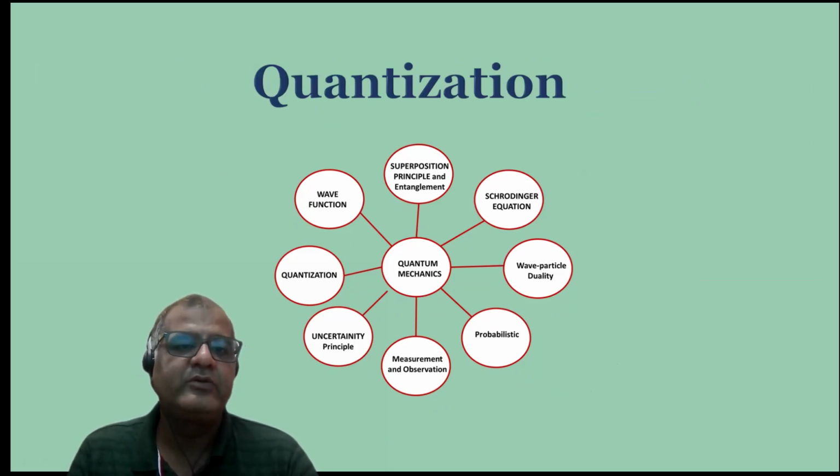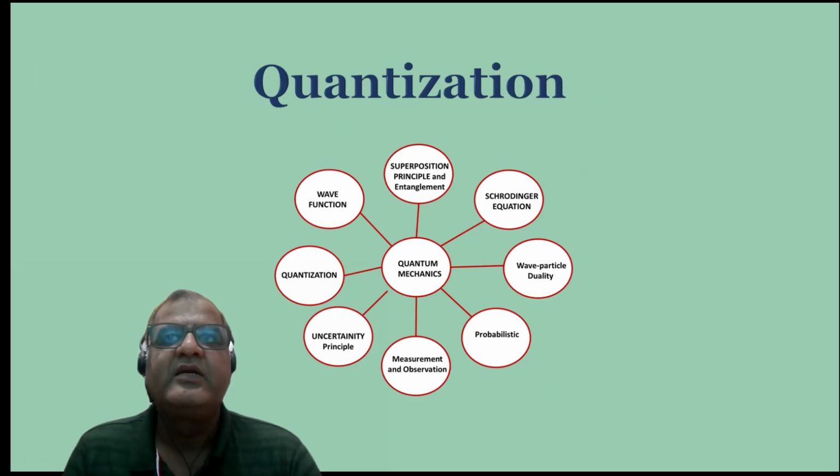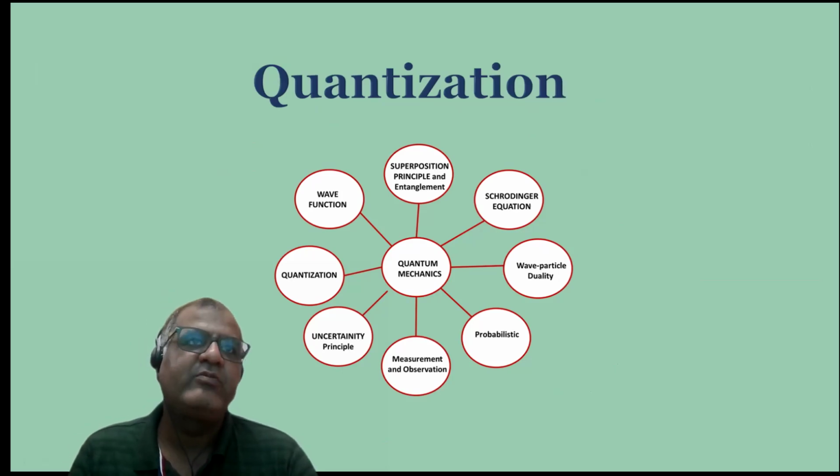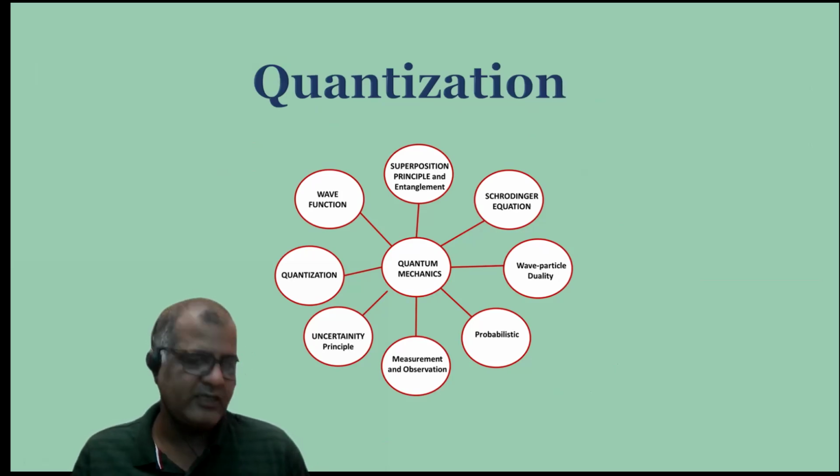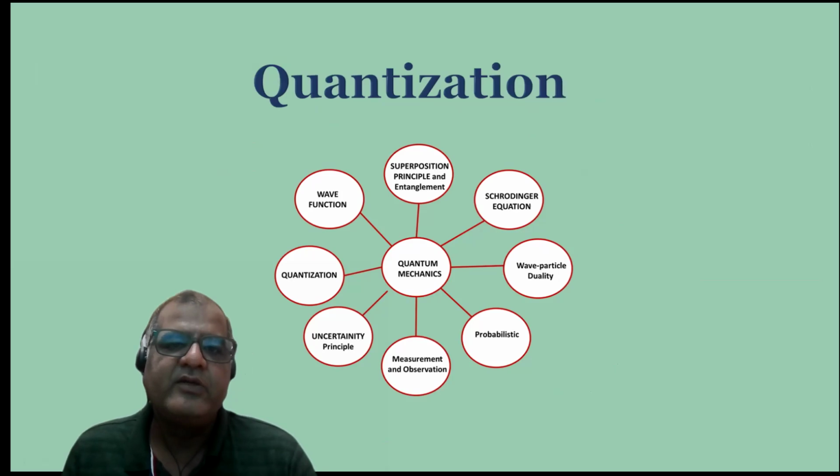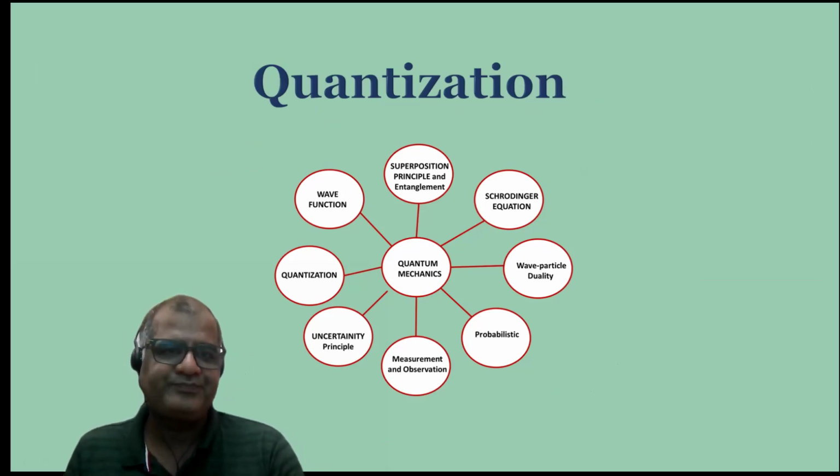While in quantum mechanics, these physical quantities, when you measure them in a quantum system, are discrete in nature. Like angular momentum is discrete, and energy is discrete. So this quantization is the main aspect associated with quantum mechanics.